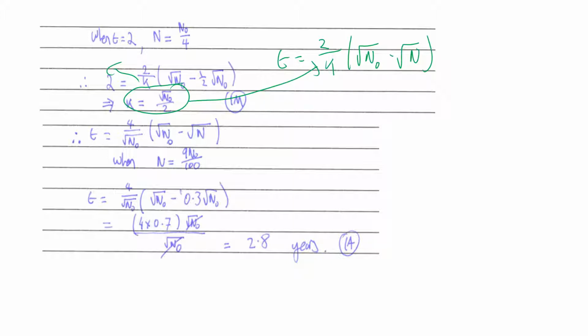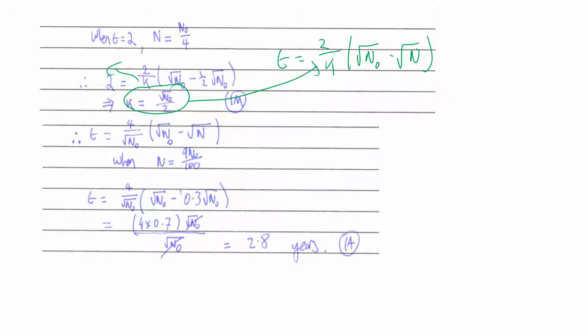Off I go. Now we need to find t when n is equal to 9% of n0. In other words, 9 times n0 divided by 100. Why did I choose that? Because it square roots very nicely. The square root of 9 on 100 is 3 on 10, or 0.3.